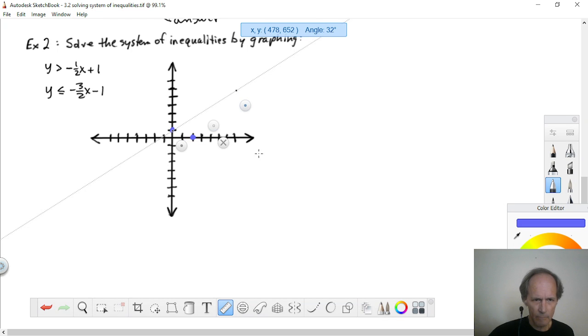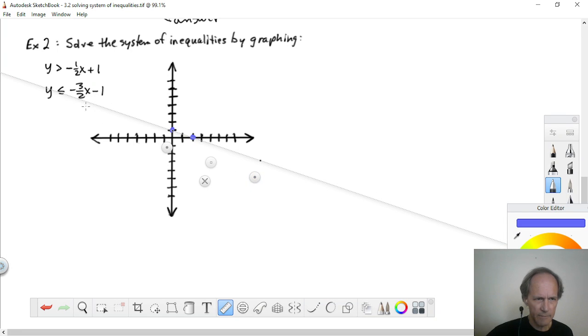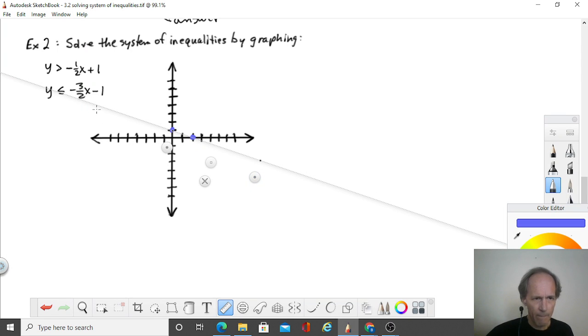Okay, about right there. And this will be a dashed line because it is greater than, not greater than or equal. Okay, so that's the line. And this time, I'm going to go ahead and shade above that.